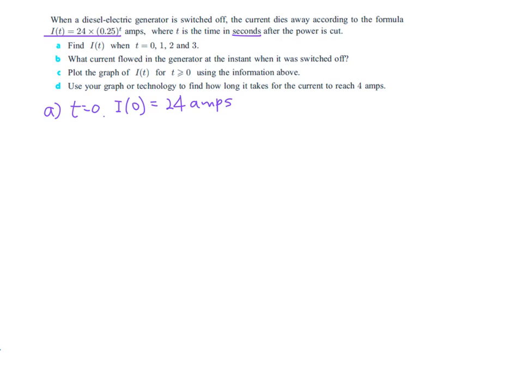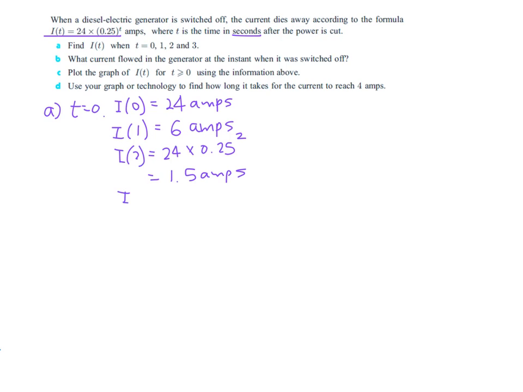When time is equal to 1, that's I of 1, so it's 24 times 0.25 raised to the first power. So it's just 0.25. 0.25 is a quarter, so a quarter of 24 is 6. When t is equal to 2, that's 24 times 0.25 raised to the second power. In this case, use your calculator, and it comes out to the value of 1.5 amps.